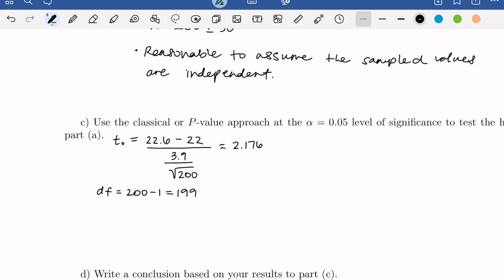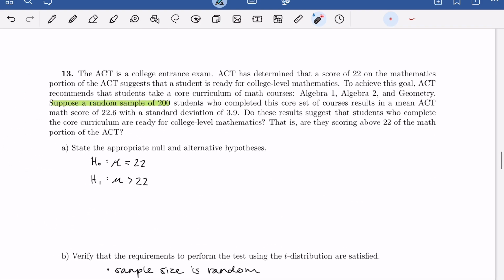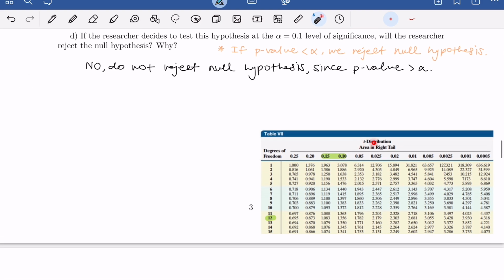And so with this classical approach, we want to find the critical value. And what we can do is we can go up to this table here, look at the area in our right tail for our t distribution. If we have the full table all the way at the end, we're going to look for degrees of freedom close to 199. But that table only includes values from or up to 100 and then jumping to 1,000.